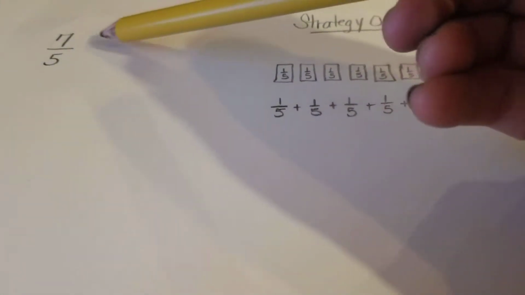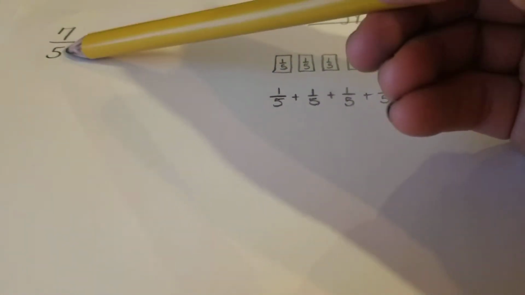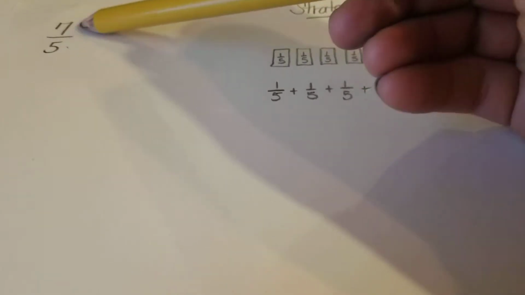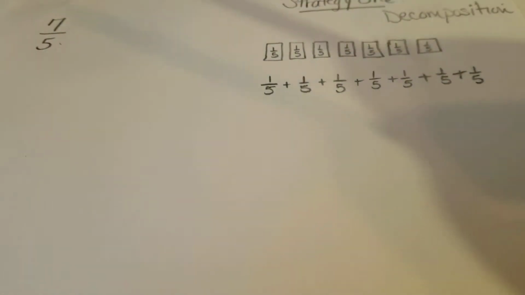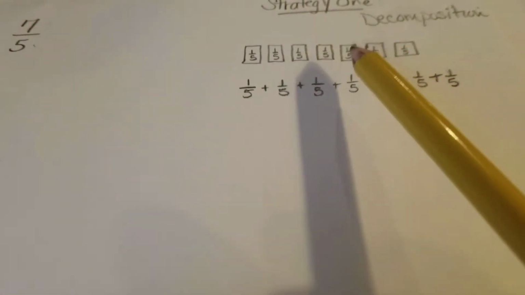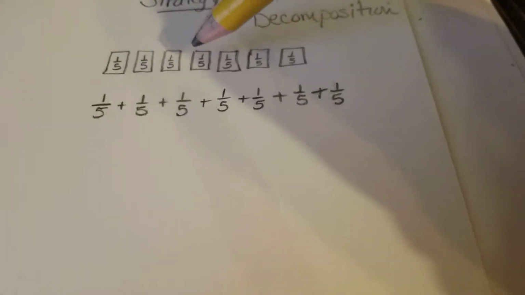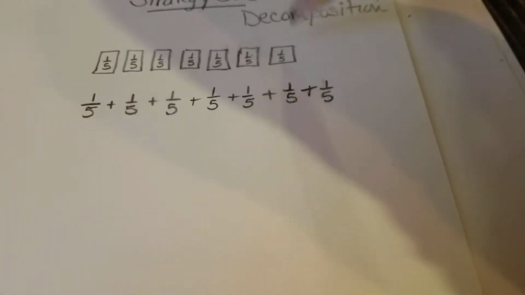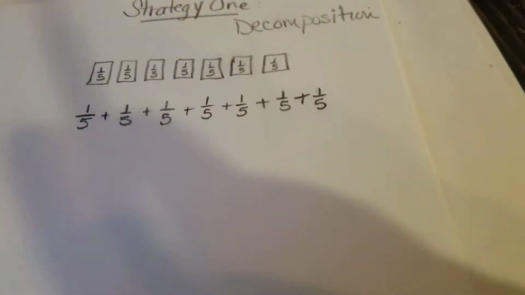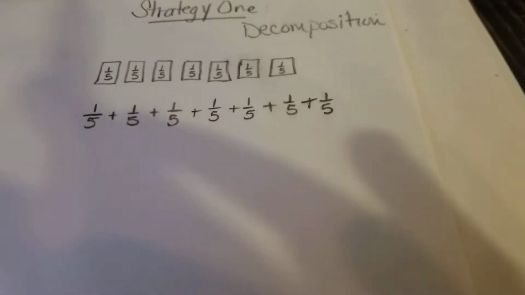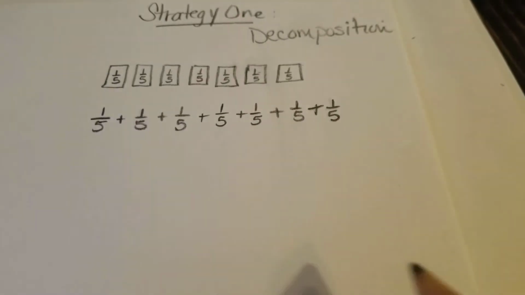So I have the fraction 7/5, and it's improper because the 7 is larger than the 5 and it's in the numerator. If I have fraction tiles, I could compose 7/5 by laying out 1/5, 1/5, 1/5, 1/5, 1/5, 1/5, and 1/5. So 7 1/5 tiles would create 7/5.